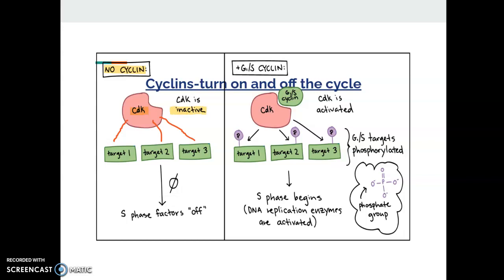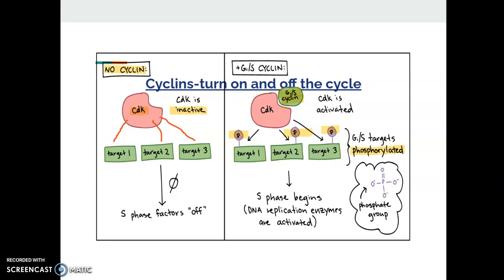It's not working. Now, over on the other side, you'll notice that G1/S cyclin that we talked about is bound to my cyclin-dependent kinase. What this does is allow for phosphorylation. That was an activity we had done a couple of weeks ago. You can see we have three phosphates that have joined onto our target areas.